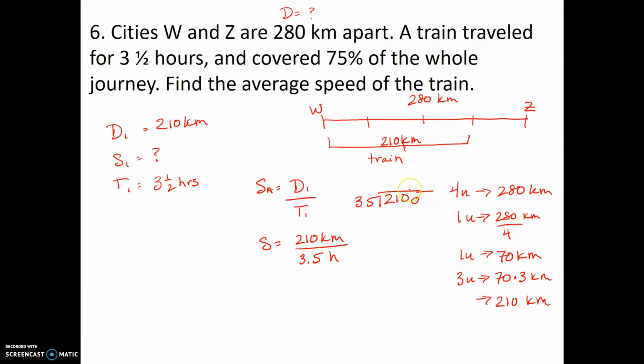I'm going to guess that 35 goes into 210 about 6 times. 6 times 5 is 30. 6 times 3 is 18, plus 3 is 21. I have a remainder of 0, and I bring down that other 0. 35 goes into 0 times. And I'm good to go. So my speed is going to be 60 kilometers per hour.